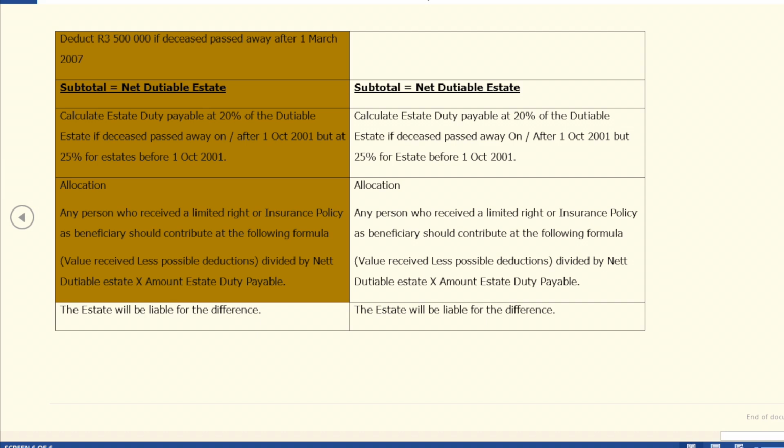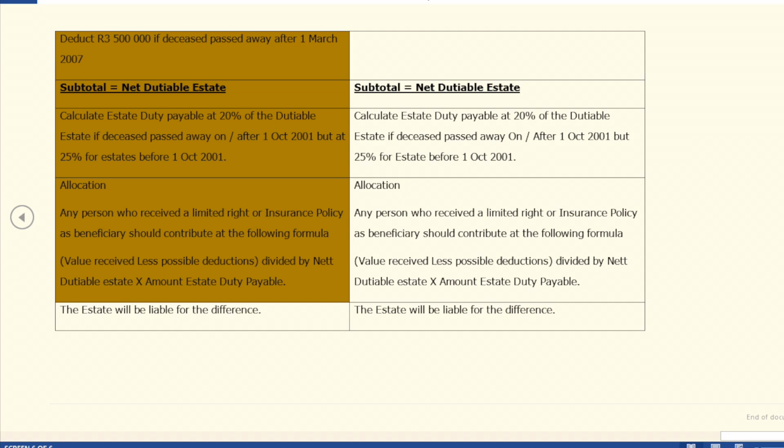Then the estate will be liable for the difference. On column B, it's the same formula that applies. You know that in some estates there will be no cash to pay for the estate duty, but you are going to make the beneficiaries contribute in terms of this formula.